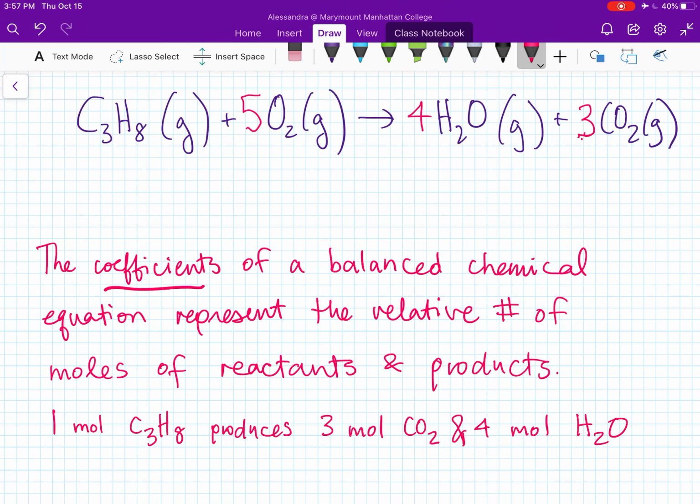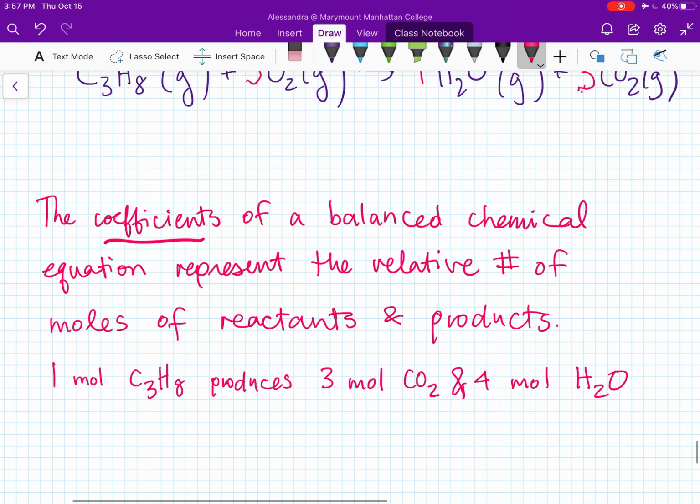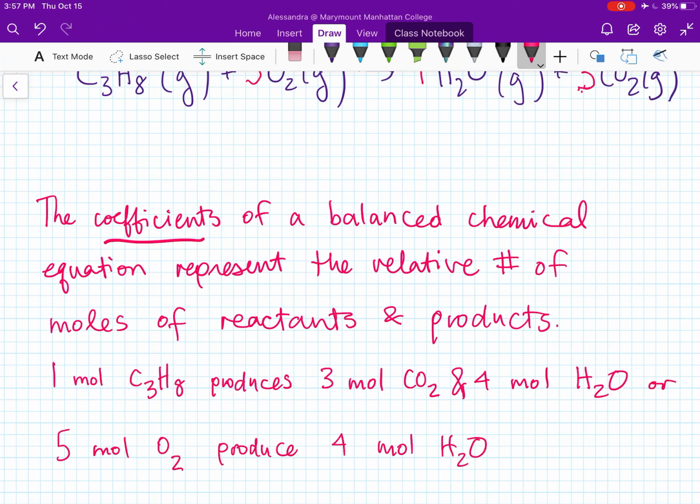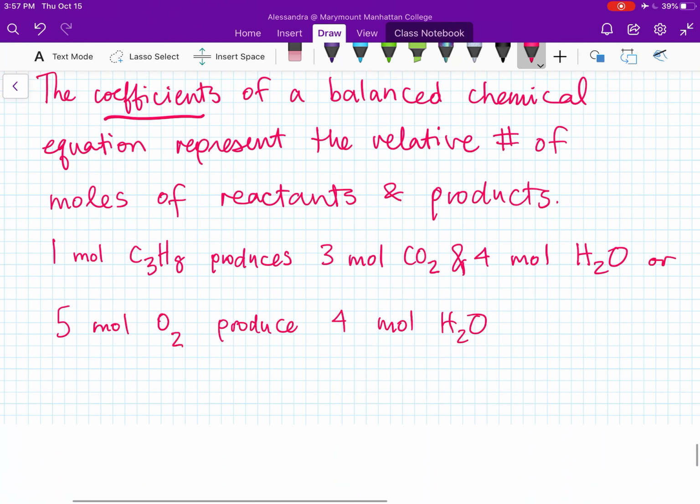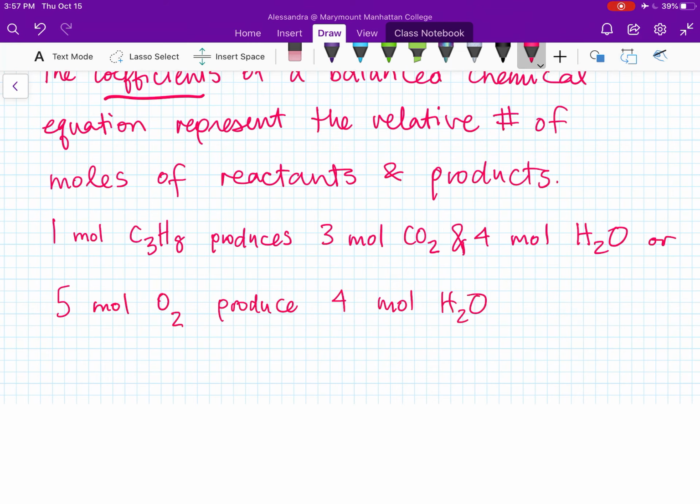I could also say, I call it moles, but equivalently, 1 molecule of propane produces 3 molecules of carbon dioxide and 4 molecules of water. I can also say it in various ways, right? I could say that 5 moles of O2 are going to produce 4 moles of H2O, et cetera. We have this kind of quantitative ratio that's given by the balanced equation.